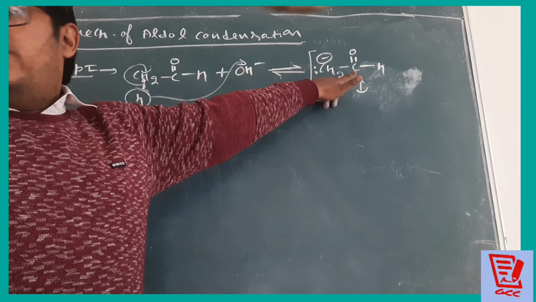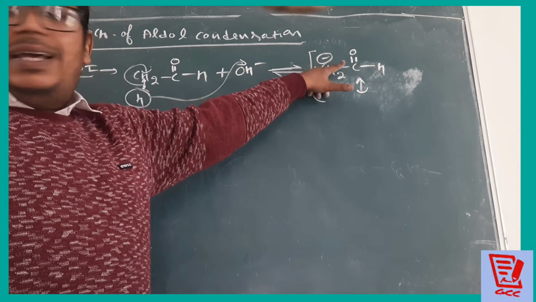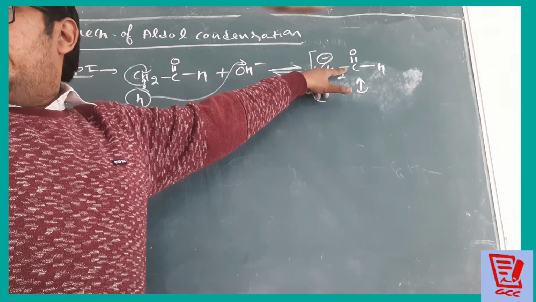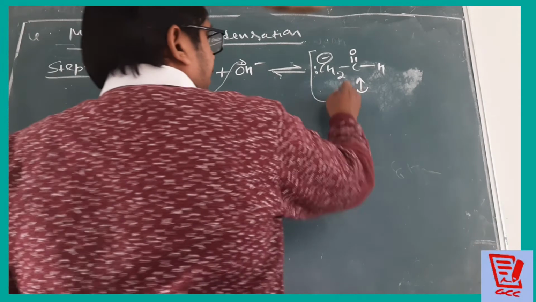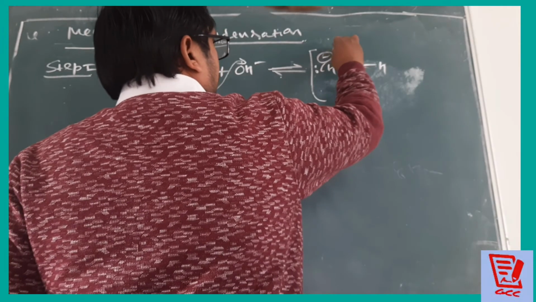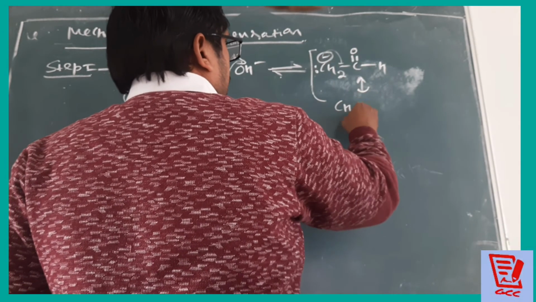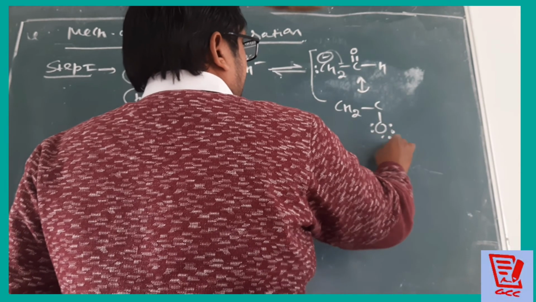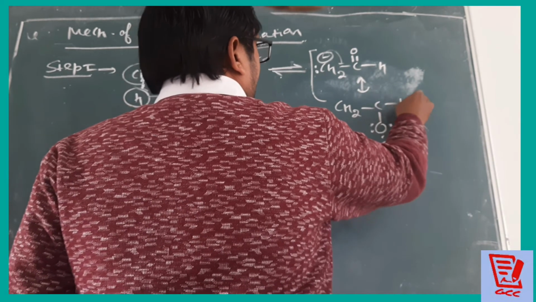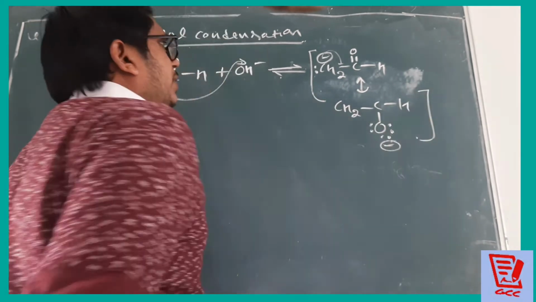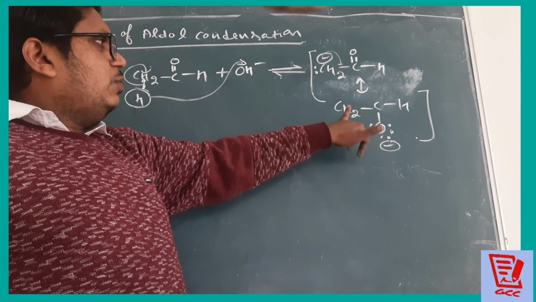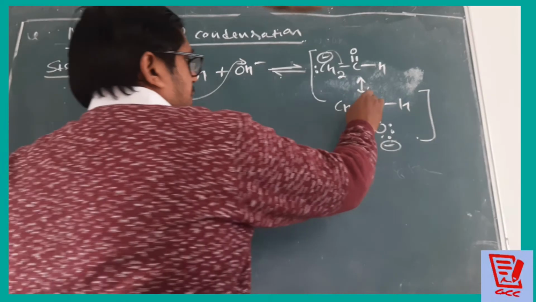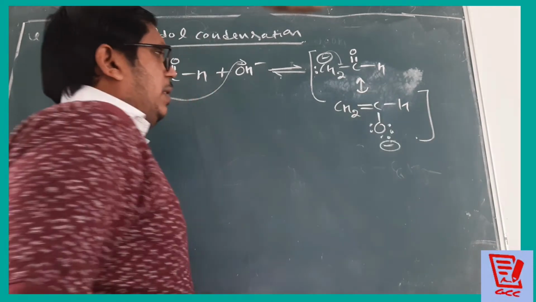But this pair can further come over there. Then it will become CH2, then CO negative, then H. So now there will be a double bond.